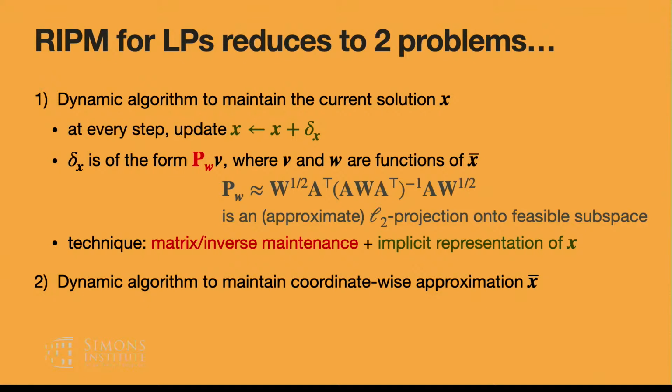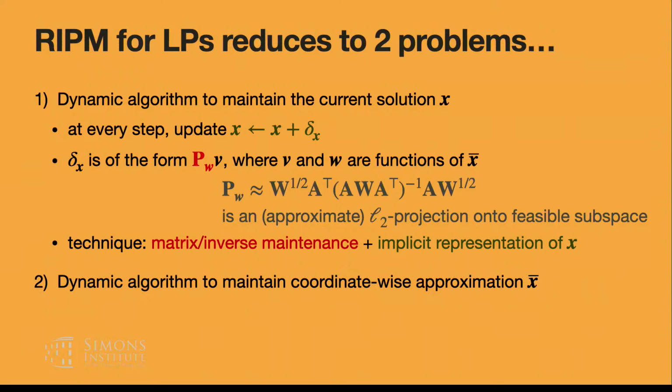The techniques that we'll use in order to accomplish this dynamic algorithm are, for part one, matrix and inverse matrix maintenance in order to maintain this P sub W. At every iteration, because W is changing, this matrix is changing, and we need to always use the latest matrix.